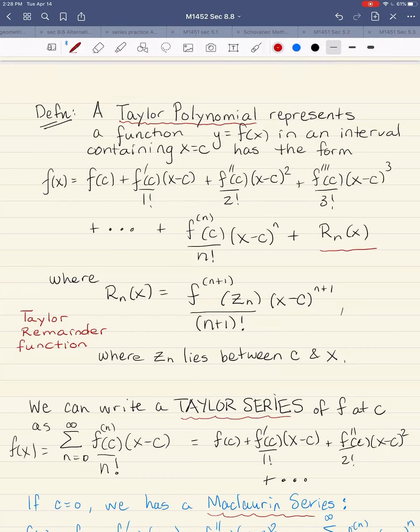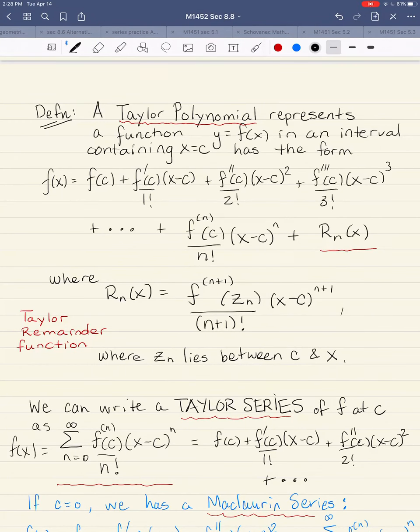But in general, we're talking about a Taylor series, so we write it as an infinite series. All right, we don't have to stop. We can do an infinite series where all the coefficients are the order of the derivative evaluated at c divided by the factorial that corresponds to the order of the derivative times x minus c to the n power.